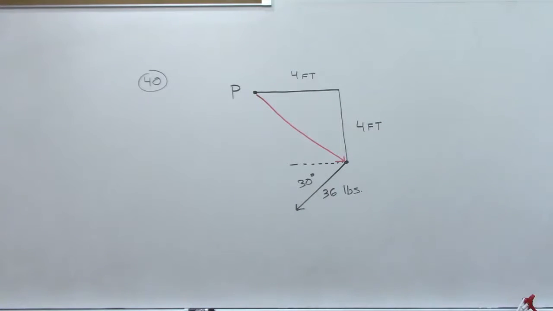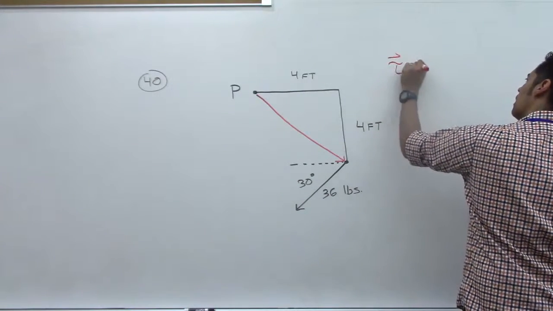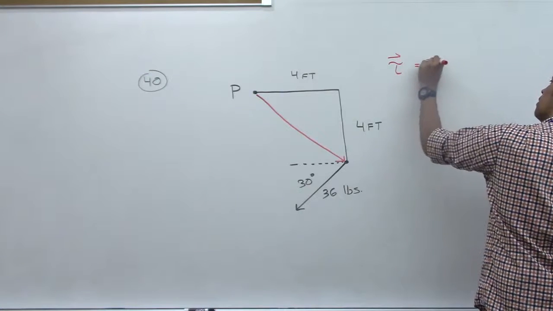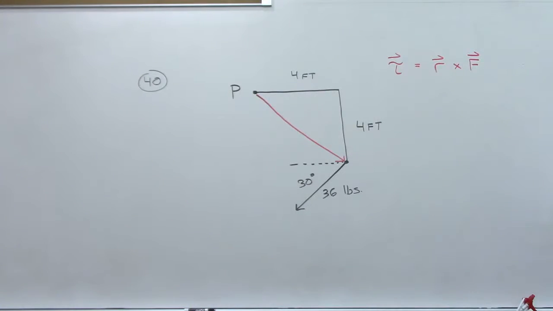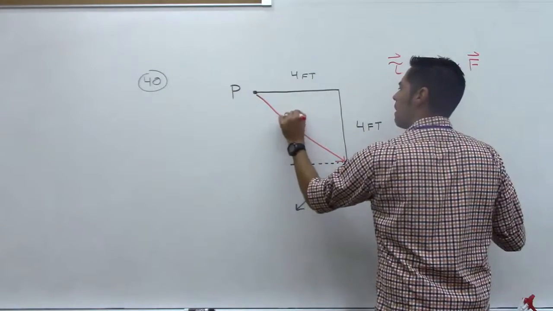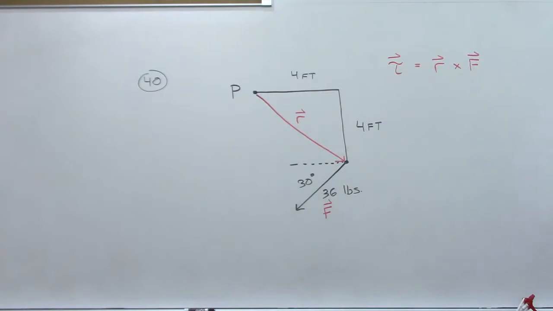And we're going to be using the fact that the torque vector is equal to your R crossed with F. So R is this vector here, and F is this vector here, force.